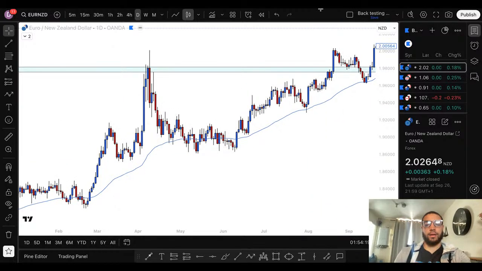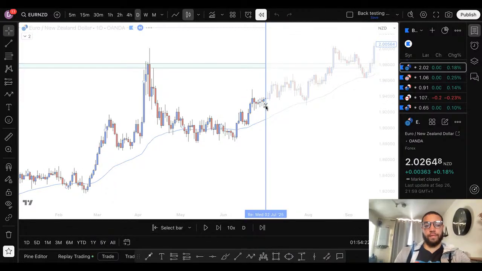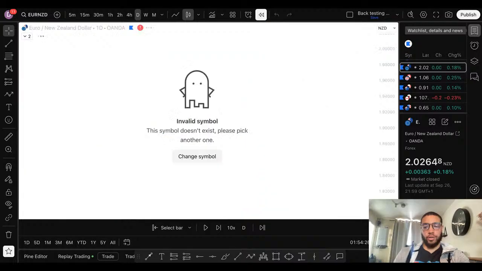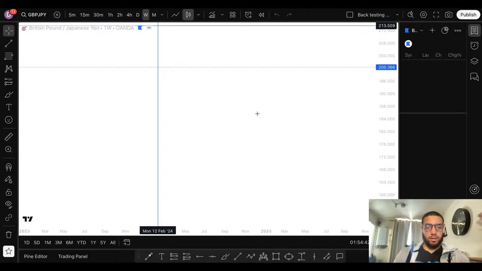Okay, right. So come over here. Euro NZD is going to be our example for this shift of structure. But what's going on?